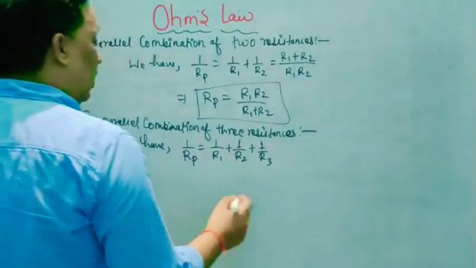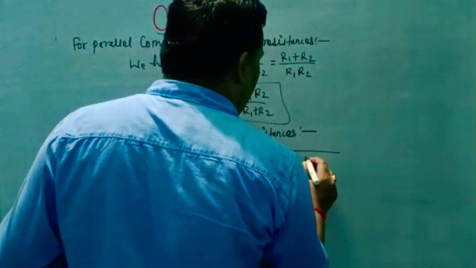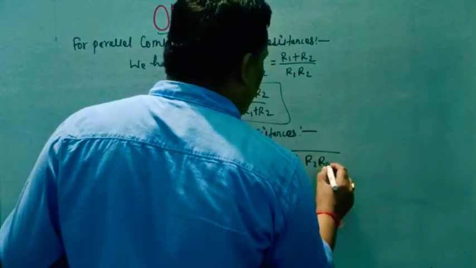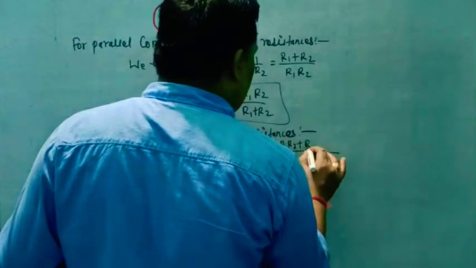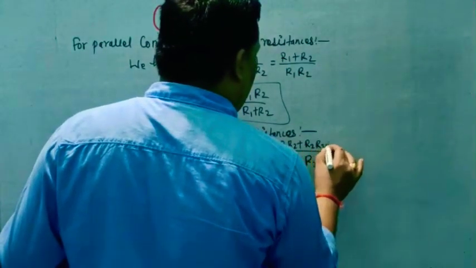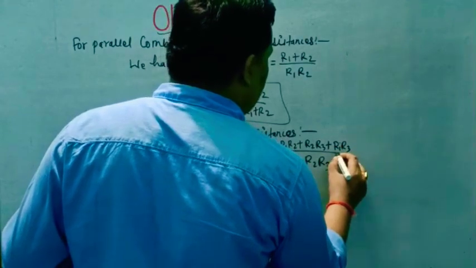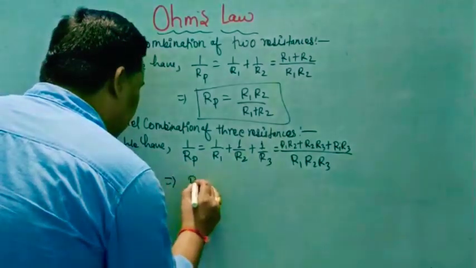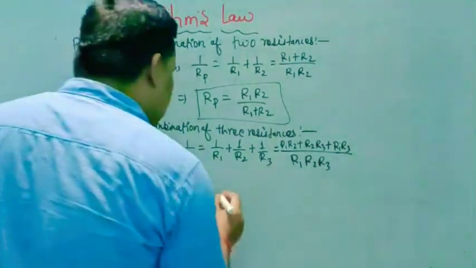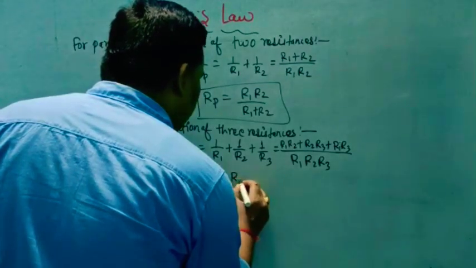Taking the LCM of R1, R2, R3, we get R1 R2 R3. So it is R1 R2 plus R2 R3 plus R1 R3. By inverting it, we get Rp, the effective resistance of parallel combination of 3 resistances.